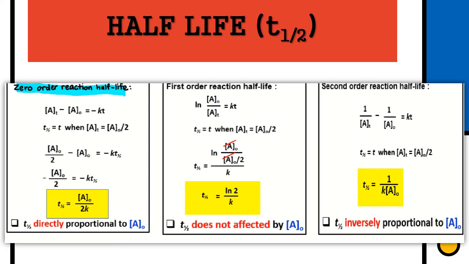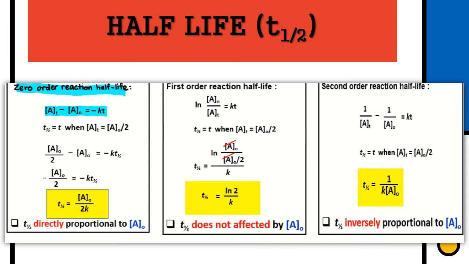So if you look here, how do we get the equation for half-life for zero order reaction? Given to you, this is our integrated rate law. From the definition of half-life, it's the time required for the concentration of reactant to decrease by half.